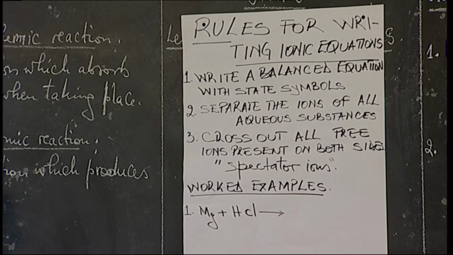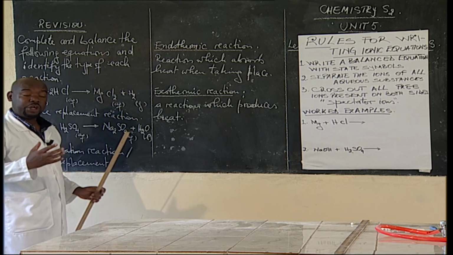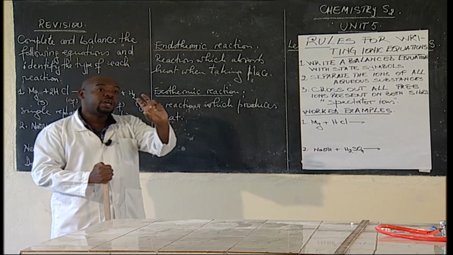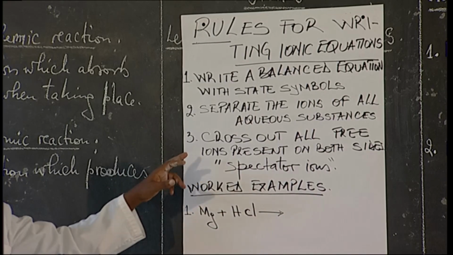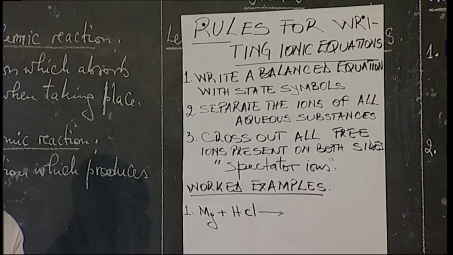For example, here we have magnesium chloride. It is in the aqueous state. Now, because it is in the aqueous state, we will separate the ions forming that magnesium chloride. And number 3, we cross out all free ions present on both sides.